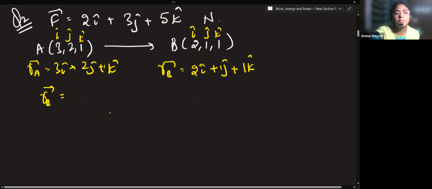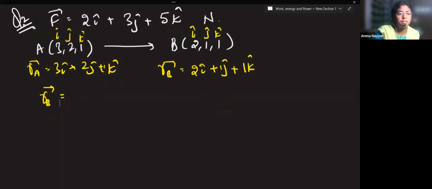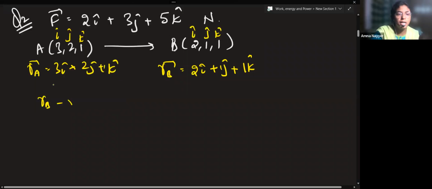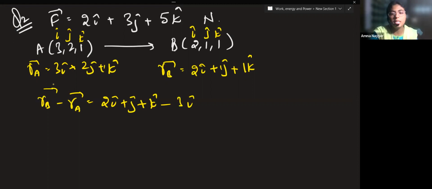So it becomes RB minus RA. The displacement will be RB minus RA. So this becomes 2I cap plus J cap plus K cap minus 3I cap minus 2J cap minus K cap, because these signs will get changed.